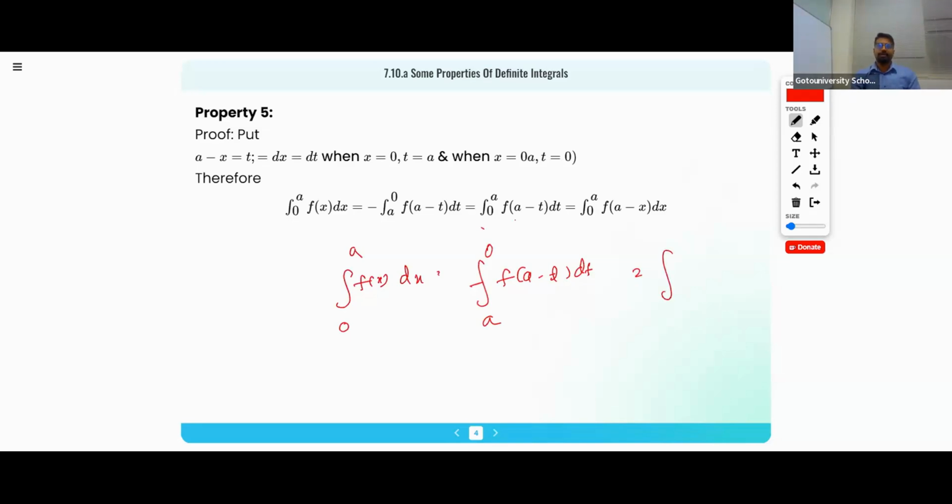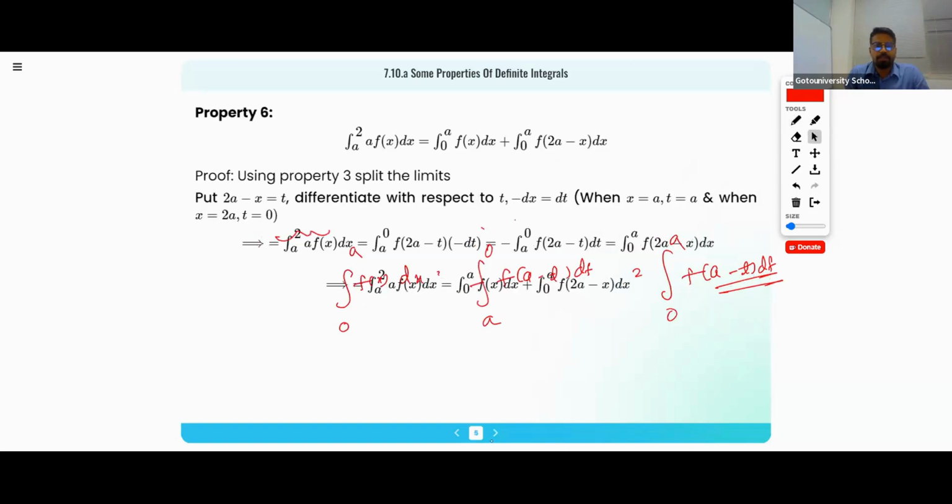We can change the direction as well. All of that is the same, so these values are all the same. Try to understand and remember them.